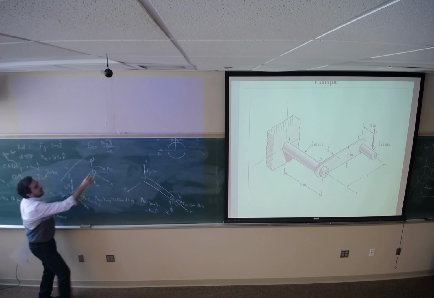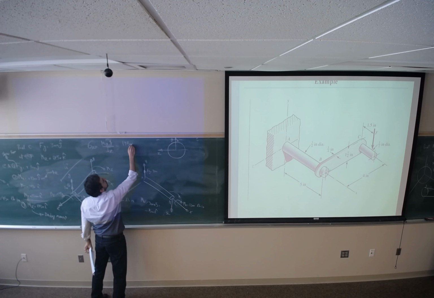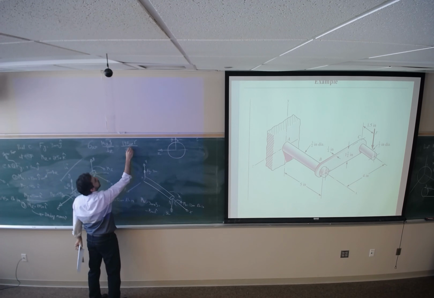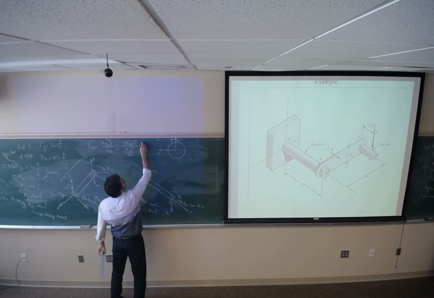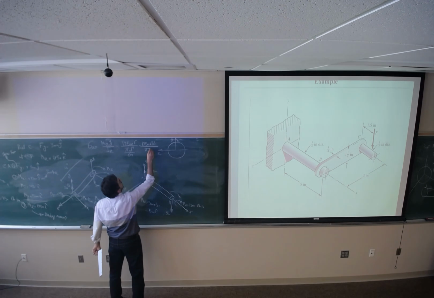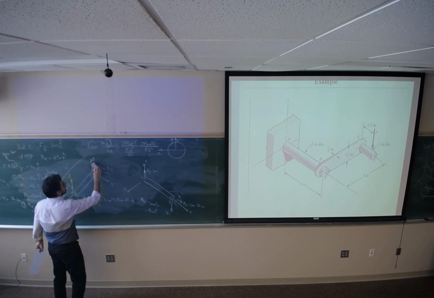So M is 1950, y is r, Iz is pi d to the power 4 divided by 64. r is d divided by 2. It's going to be 1950 times 32 divided by pi d to the power 3. The diameter is 0.75.